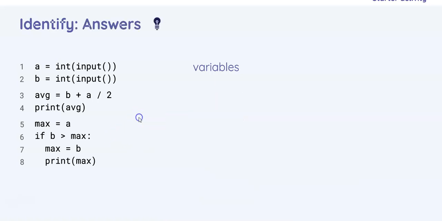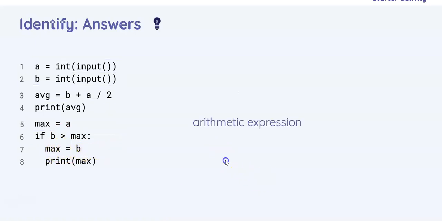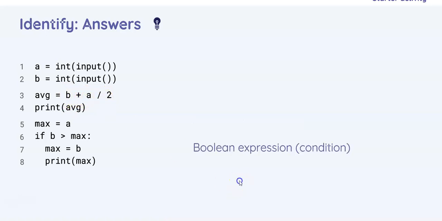Let's get back. So your variables are A, B, avg, and max. Your assignment statements are line 1, line 2, line 3, line 5, line 7, all of them having a single equal sign. The arithmetic expression is line 3, B plus A divided by 2. The Boolean expression is line 6, B is greater than max.